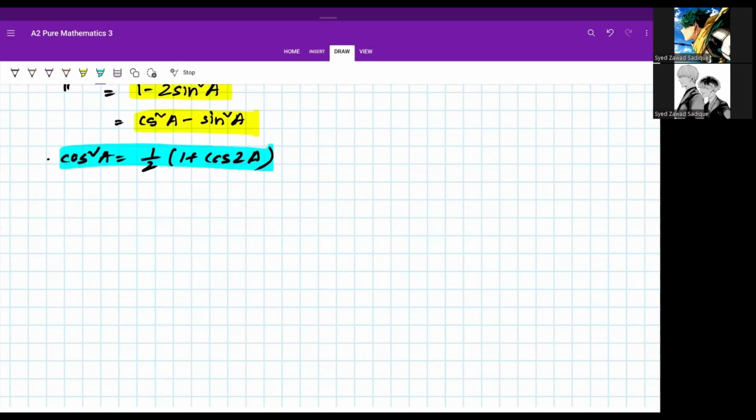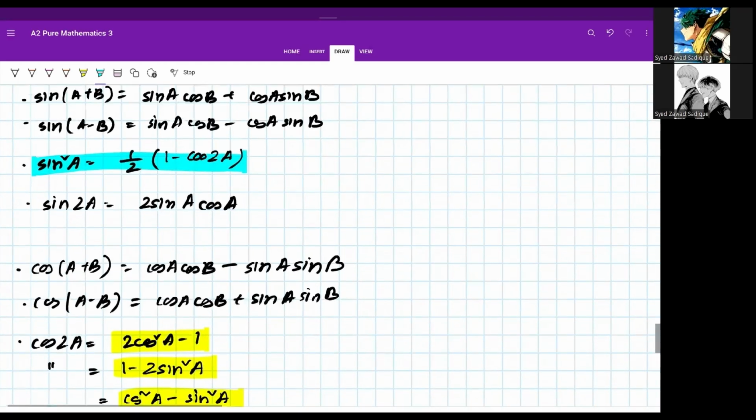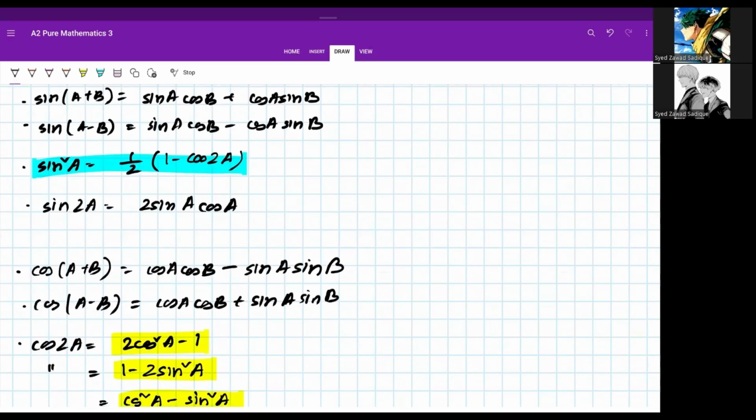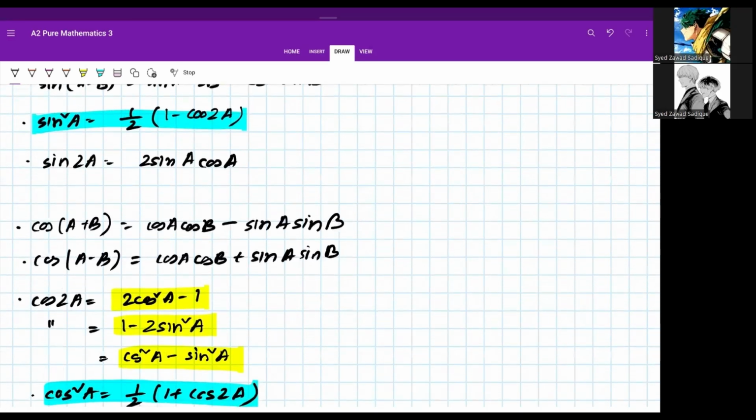These formulas are needed during integration.